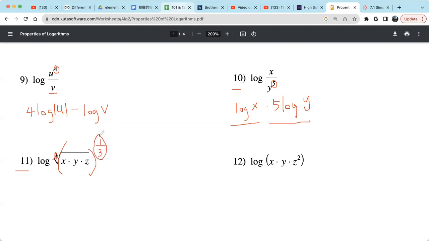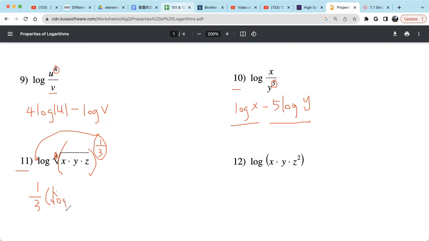But this 1/3 applies to x, applies to y, applies to z. So I can pull it up front. So I will get 1/3. And this one, I'm going to get 3 logs, right? Because I have 3 members in the product. First, I'm sorry, I have to write a log first.